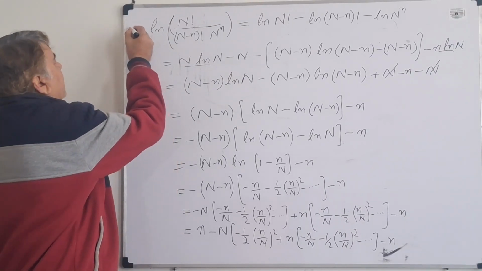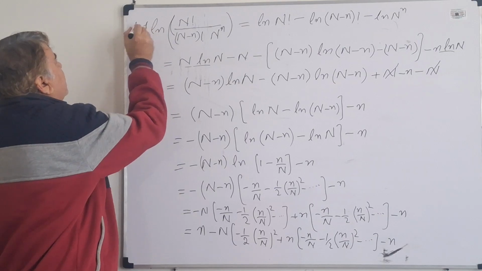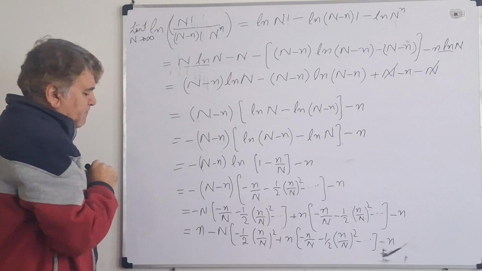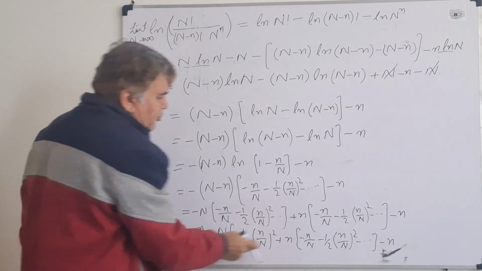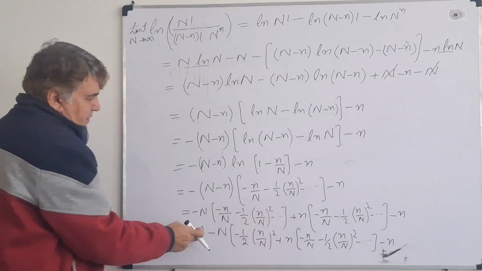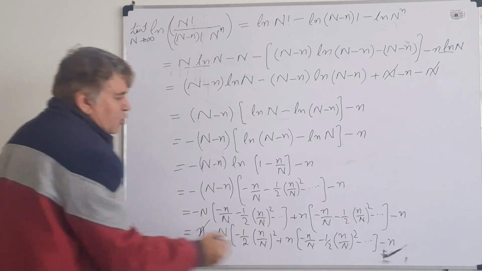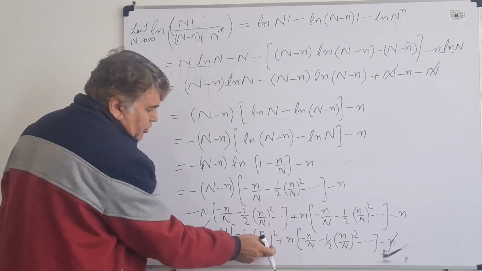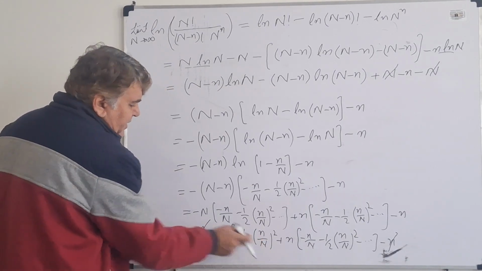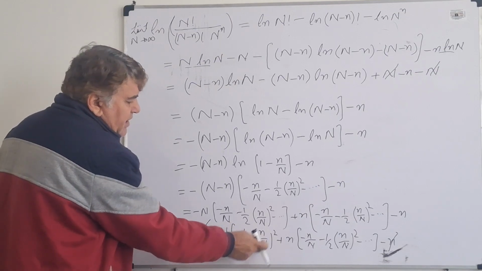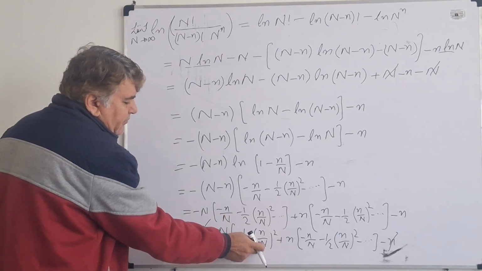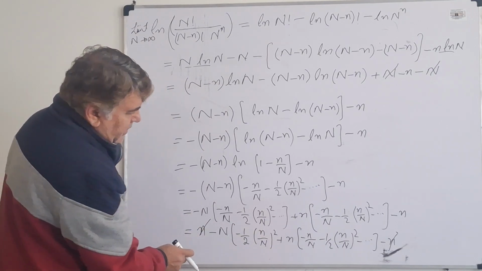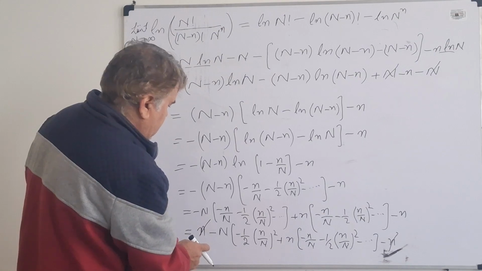If I apply the limit from here, capital N tends to infinity, then I'll apply the limit on each term in this equation. This thing cancels with this one, and inside this term we have a capital N, because when I multiplied this with this, the square will cancel, but I would have a capital N in the denominator over here. And I think I made a mistake.